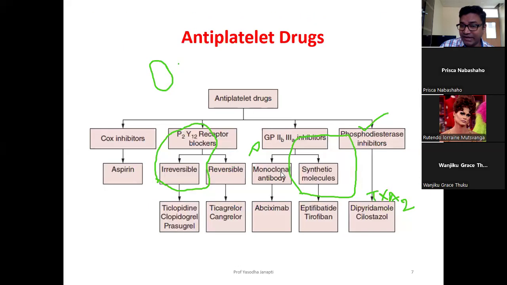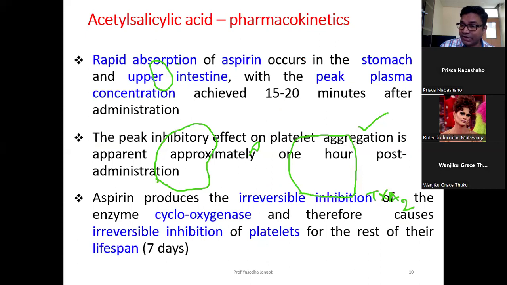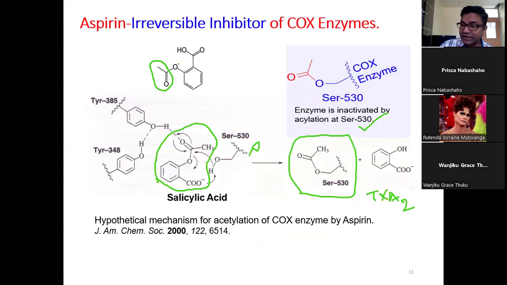So what is the main function? Acetyl salicylic acid will donate the acetate group to the COX enzyme and thus prevent formation of thromboxane. When thromboxane is not there, what happened? There is no platelet aggregation.